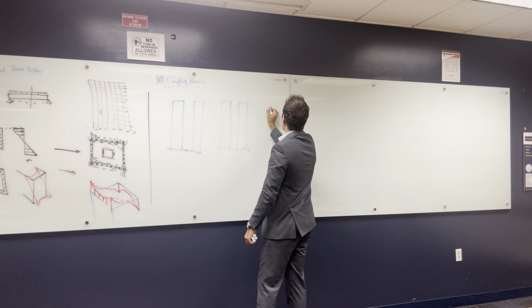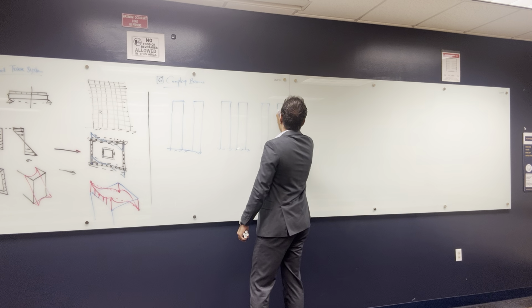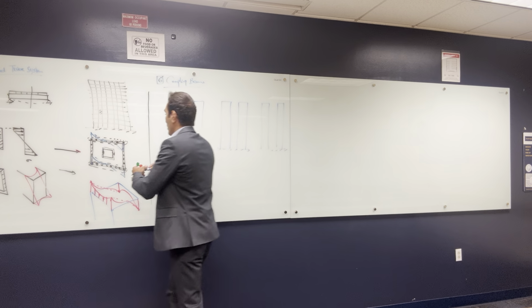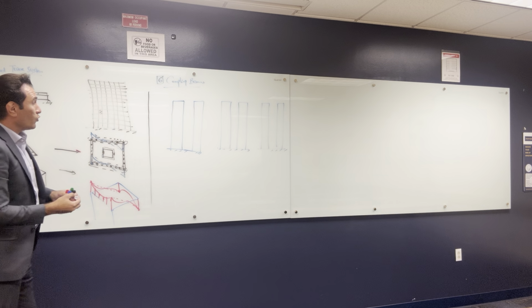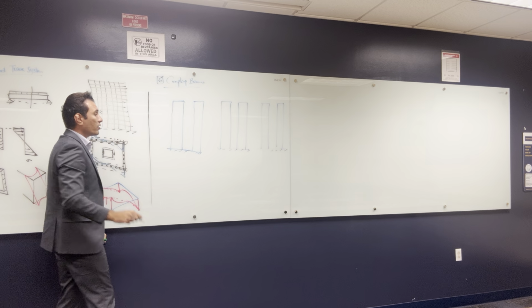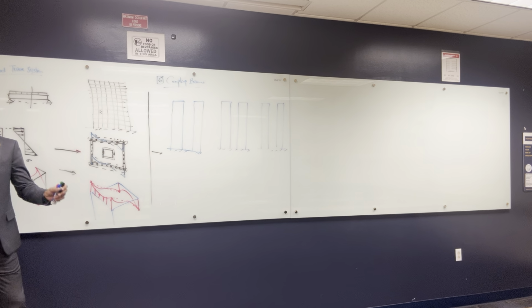These two shear walls are very close to each other. You didn't connect them with anything. They are separate, and then they got hit with an earthquake or a lateral force.